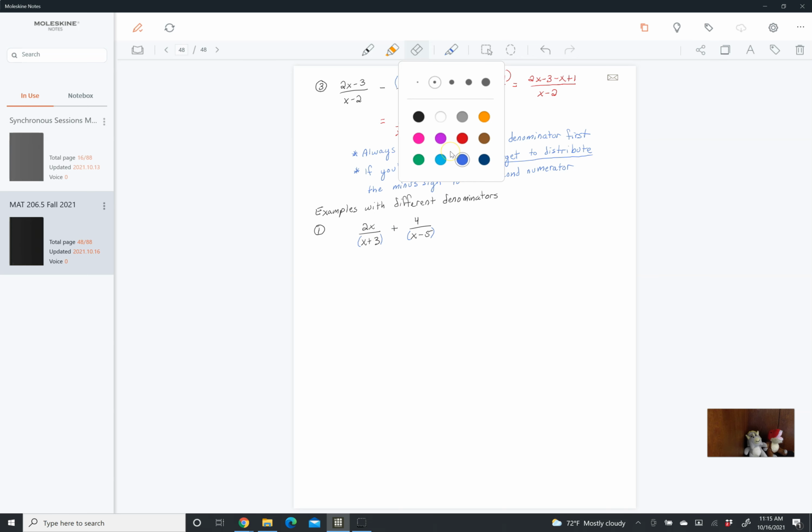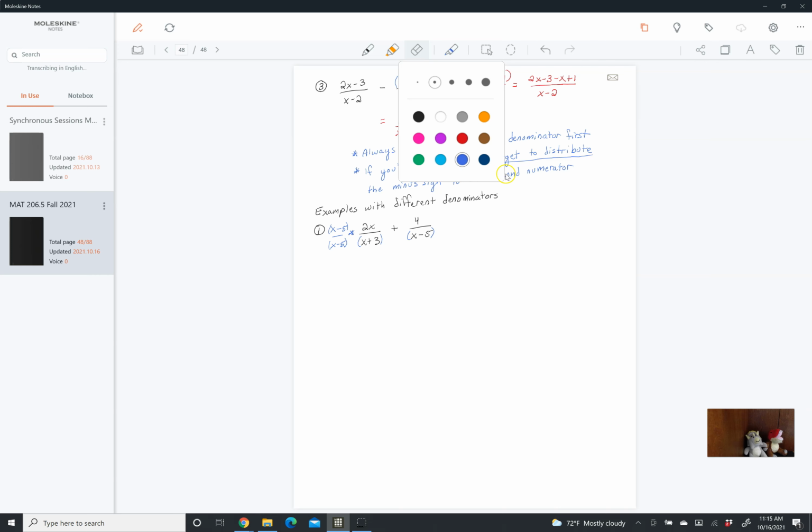X minus 5 over x minus 5, because you have to multiply by 1 so that you don't change the value of the fraction. So we're going to multiply this by x minus 5 over x minus 5. I encourage you to put it in parentheses so that you don't forget about distributing later on, and you'll see what I mean when we actually do it.